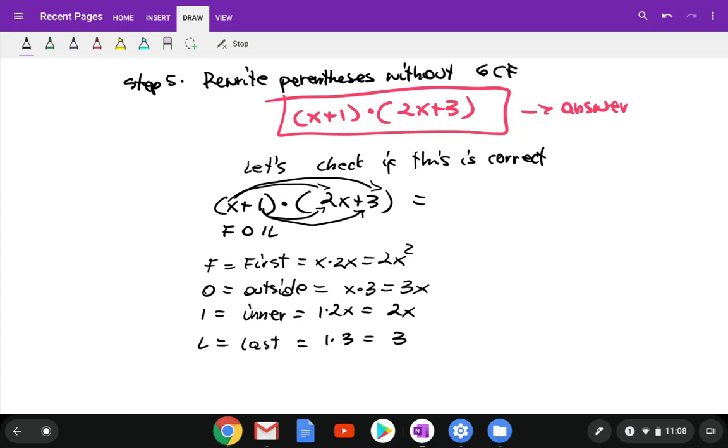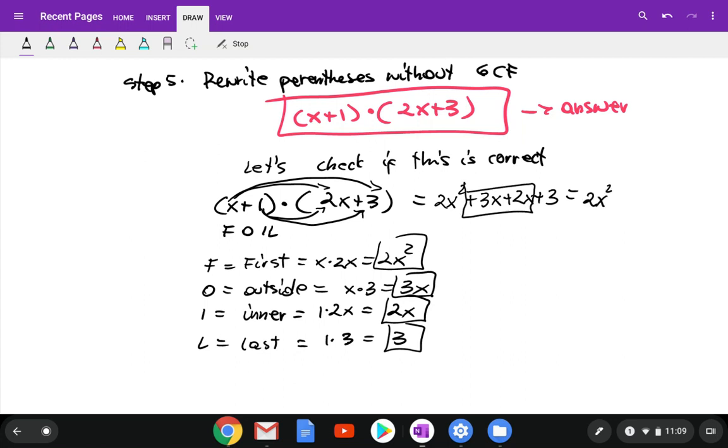Okay, so now I'm just going to add those expressions together. So we have 2x squared plus 3x plus 2x plus 3. And when you FOIL, 99% of the time you will need to simplify by combining the middle expressions. So that will give you 2x squared plus 5x plus 3.